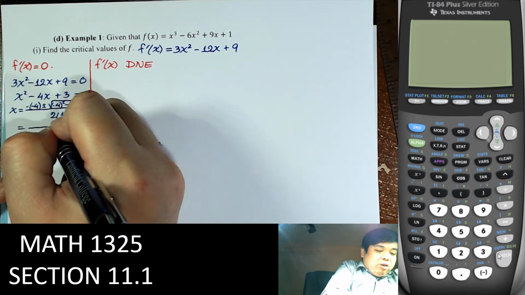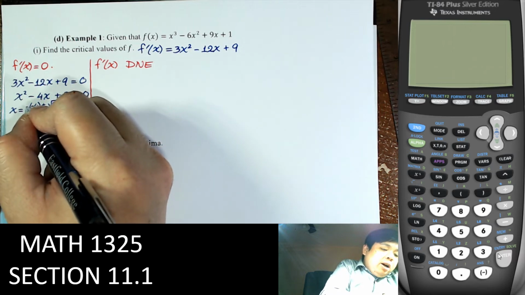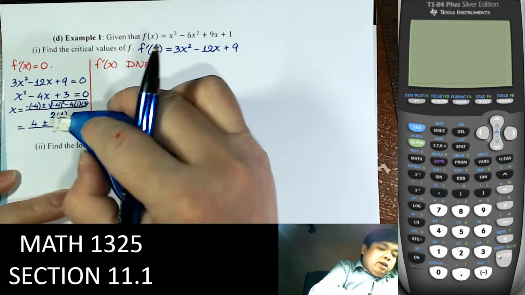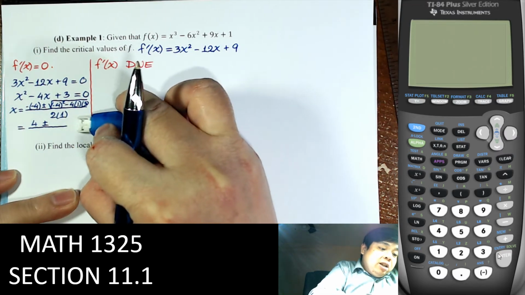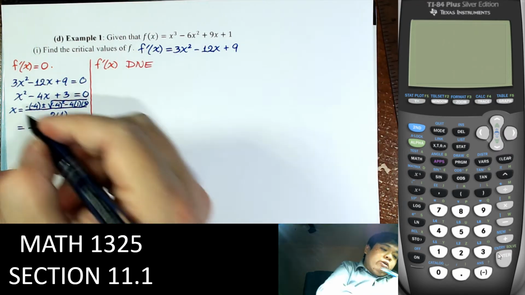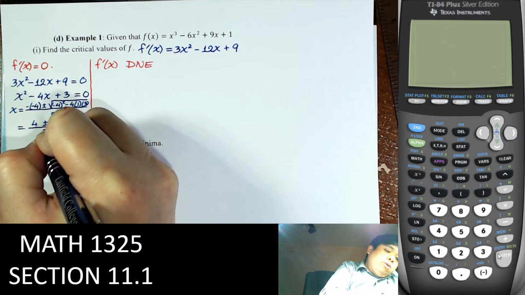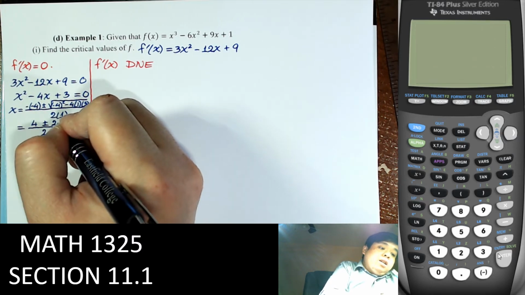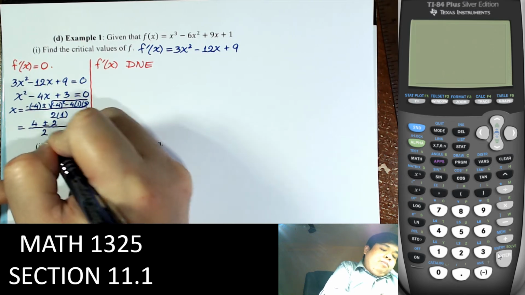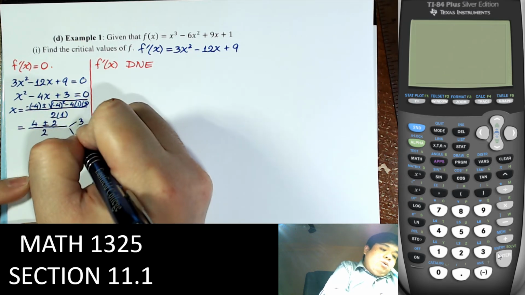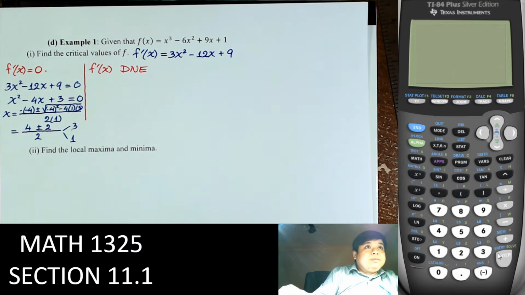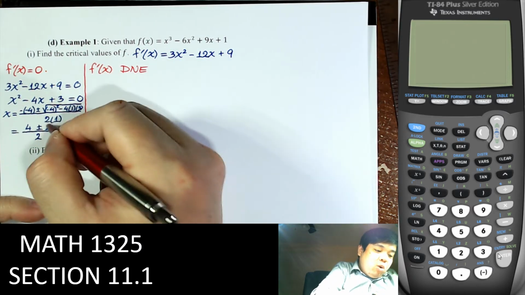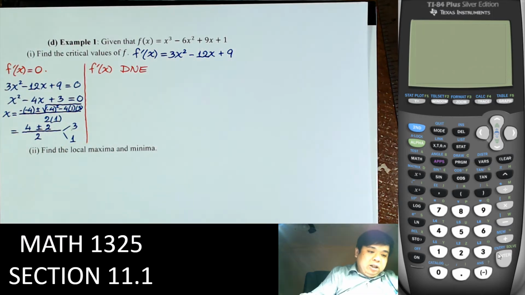I just use the quadratic formula here. That's 4 plus or minus the square root of negative 4 squared, that's 16, minus 12, so square root of 4, that's 2, over 2. So 4 plus 2 is 6, divided by 2 is 3. 4 minus 2 is 2, divided by 2 is 1, so we have 1 and 3. Of course, we can also factor x minus 1 and x minus 3 and we get the same thing.